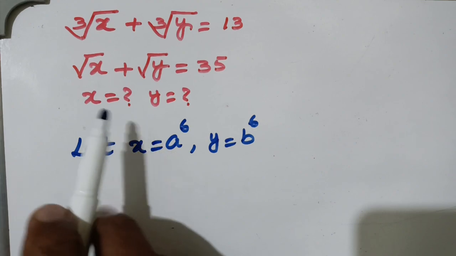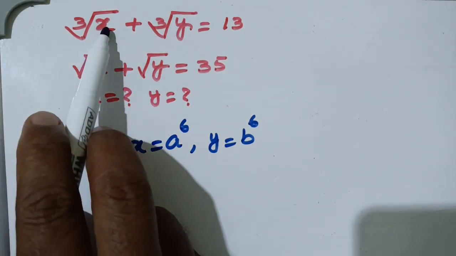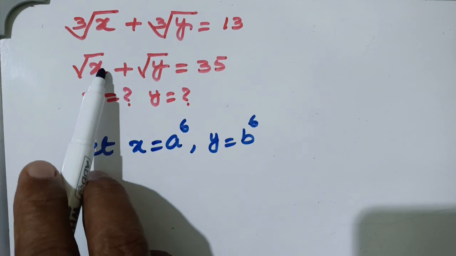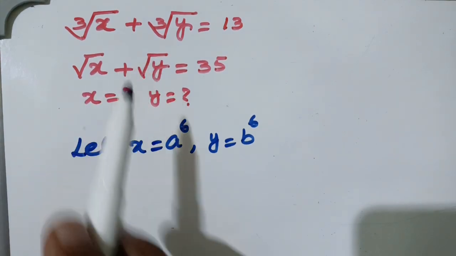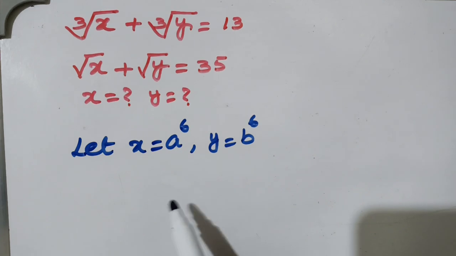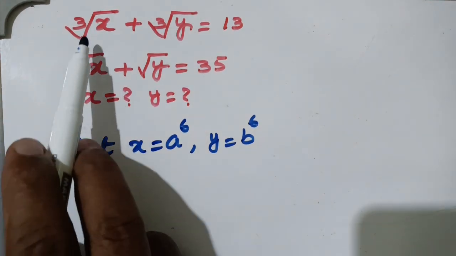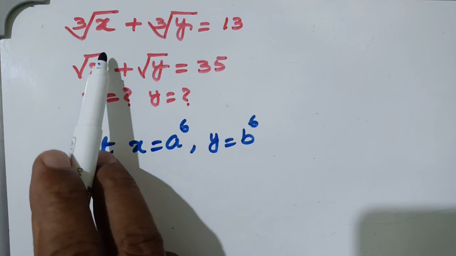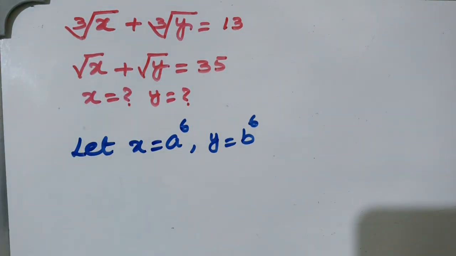The idea I have is that here the exponent of x is 1 by 3 and in this equation the exponent of x is 1 by 2. This is similar for y also. So the denominators of the exponents are 2 and 3. The LCM of 2 and 3 is 6.